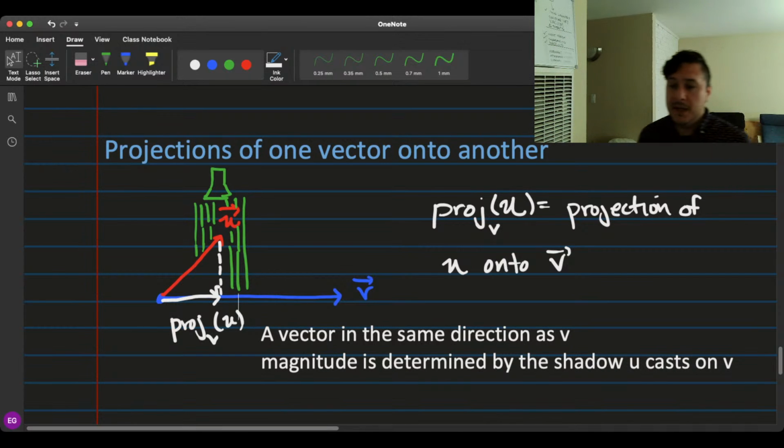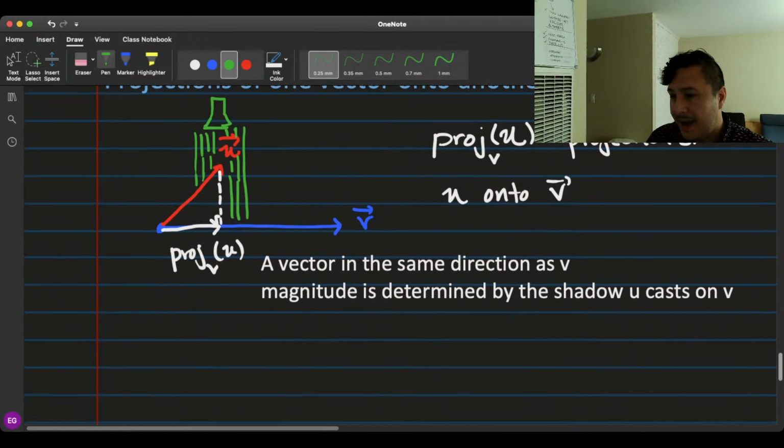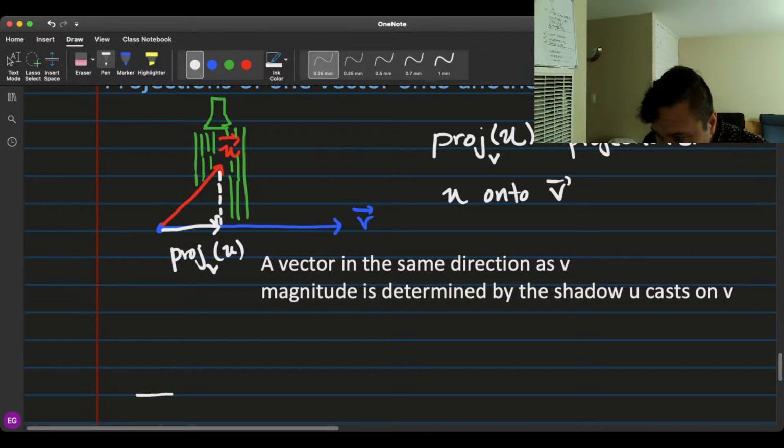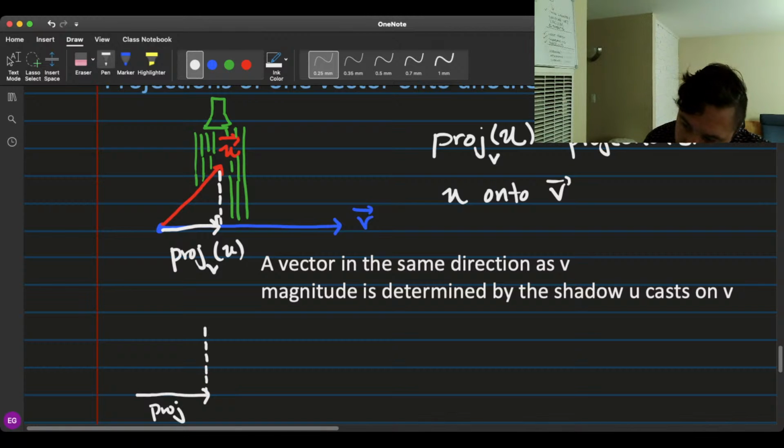Okay, so how do we do this? Notice, because I dropped an altitude, I have a right angle. Right here, this is my projection. Actually, let's make this a little bigger.